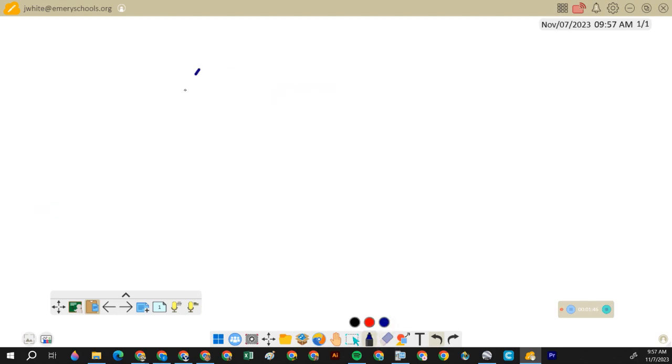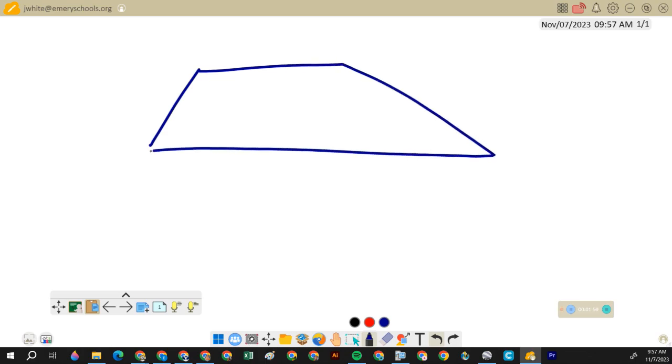All right. What if I had a trapezoid? And this is not an isosceles trapezoid. Let's say one base is 10 and one base is 6, and the height was, say, 4. What is the area of this?